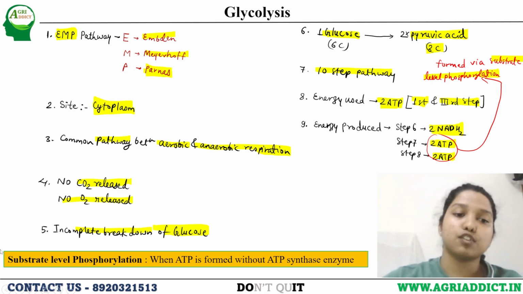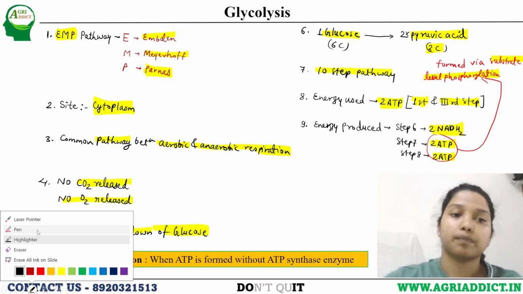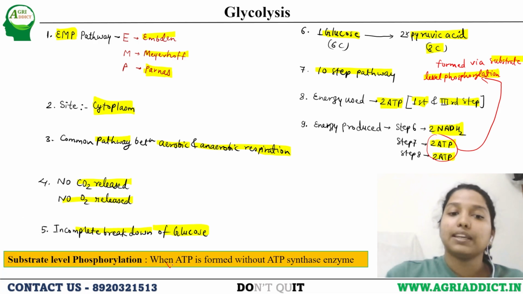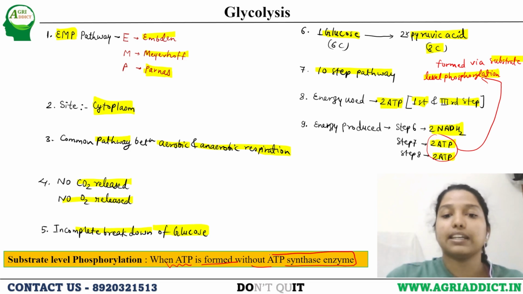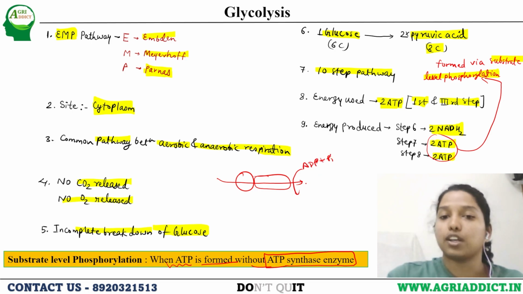What is substrate level phosphorylation? It is when ATP is formed without ATP synthase enzyme. As we studied in photosynthesis, there was this F1 F0 particle. In that, the H plus was passing and this was rotating, and from the stroma, ADP was combining with inorganic phosphate and forming ATP.